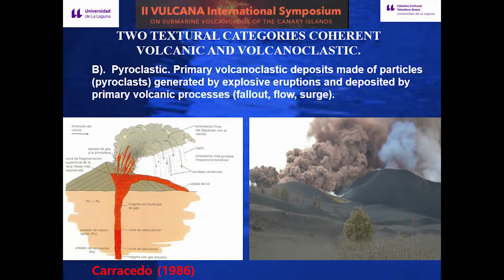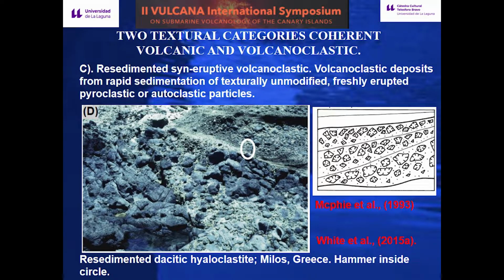Pyroclastic deposits are made of pyroclast particles generated by explosive eruption and redeposited by primary volcanic processes, flow or surge. Resedimented syneruptive volcanoclastics come from rapid sedimentation of texturally unmodified freshly erupted pyroclasts or autoclastic particles.